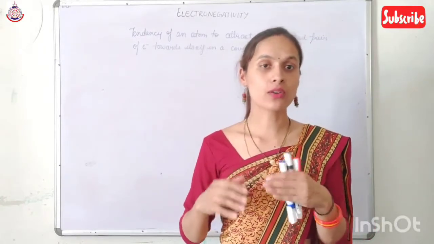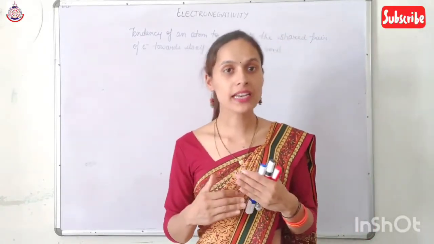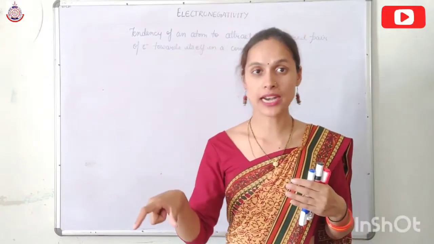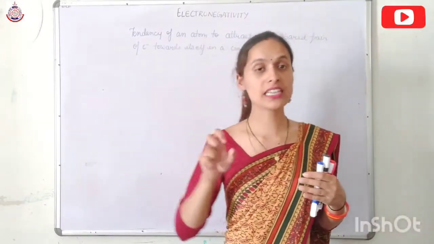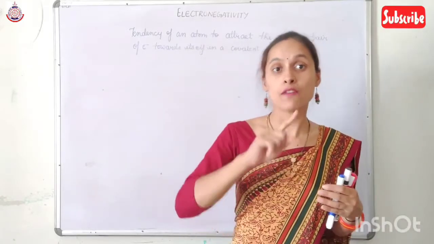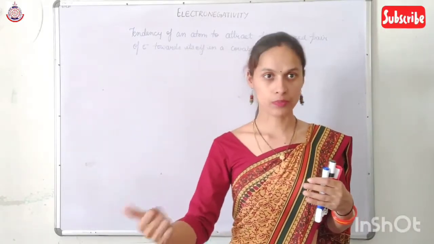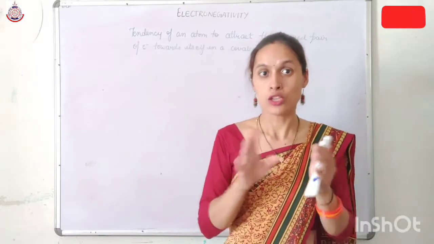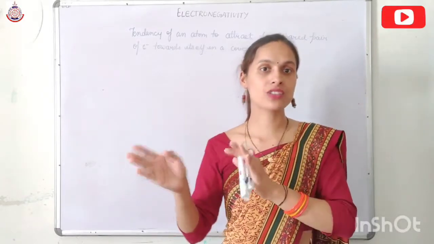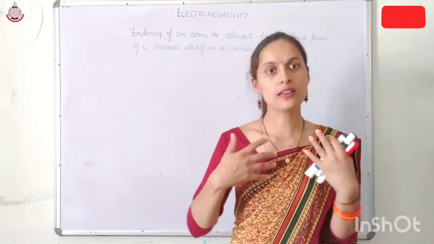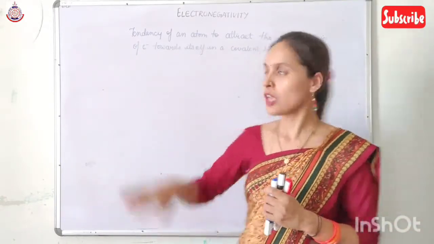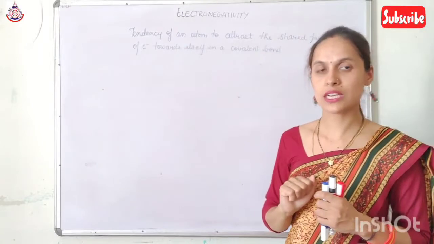But when we are calculating electronegativity, we are finding it for an atom which is bonded with another atom. So there is a difference between ionization enthalpy, electron gain enthalpy and electronegativity. What are the main differences? We will study later on. So this is the definition of electronegativity.